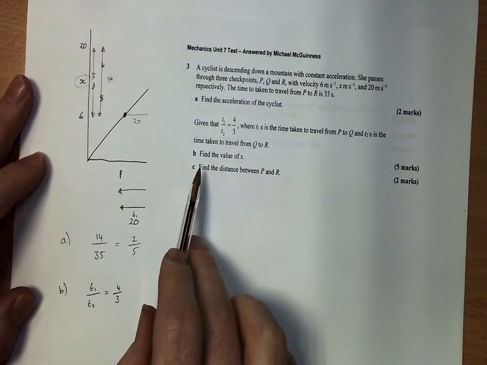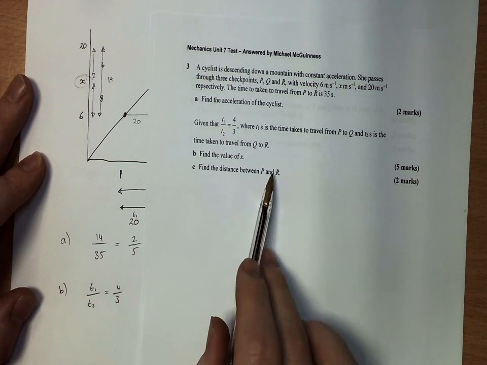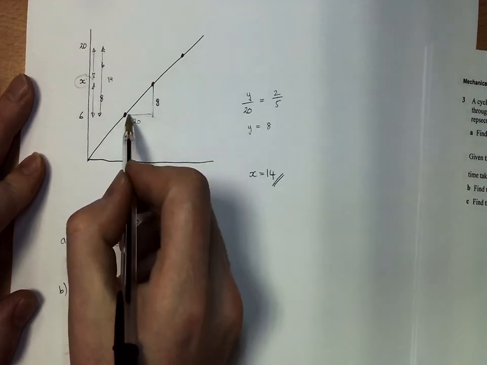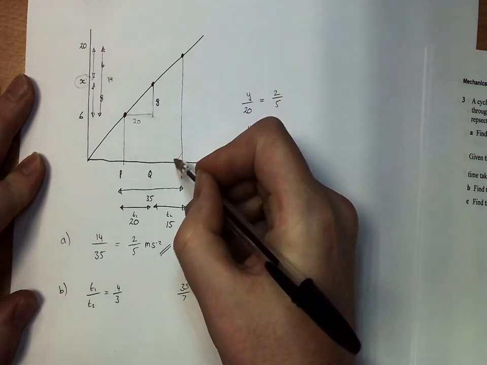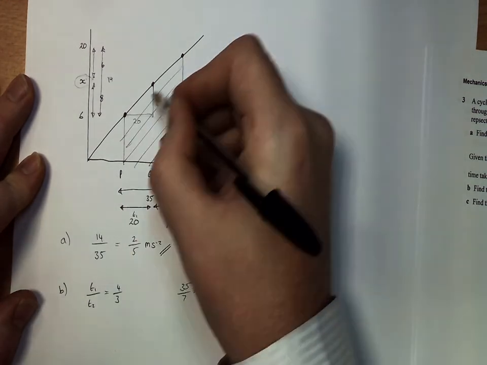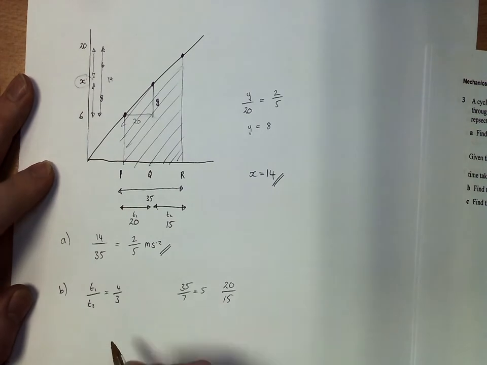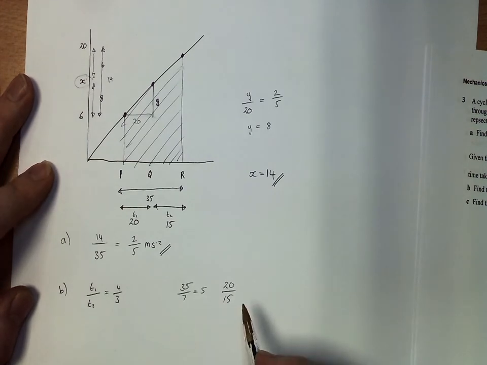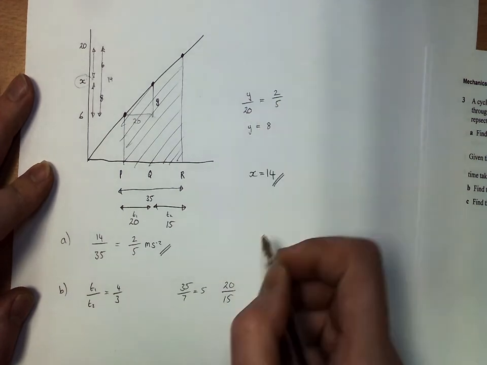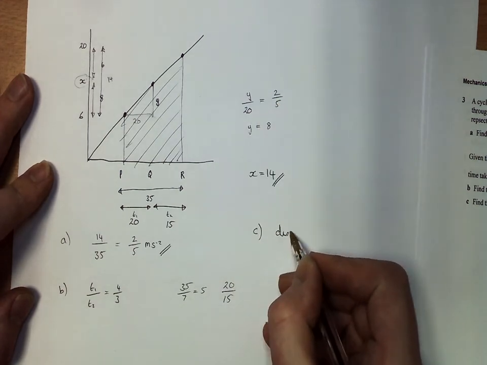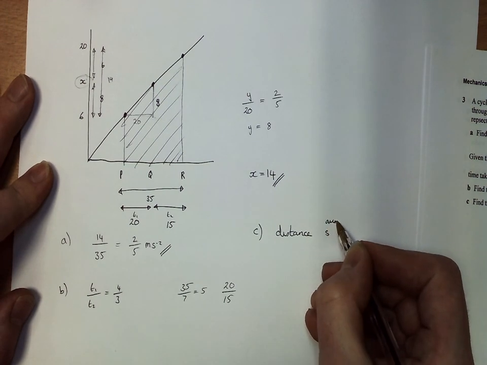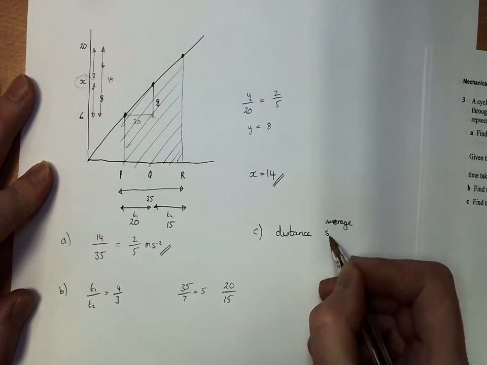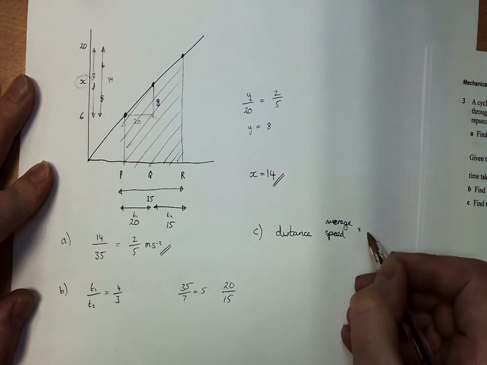Last but not least, we're asked to find the distance between P and R. So we're asked to find this distance here. Lots of ways of doing it. I think the way that I'm going to do it is distance equals average speed times time.